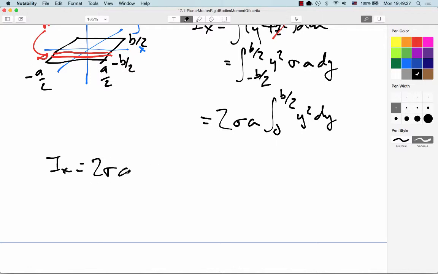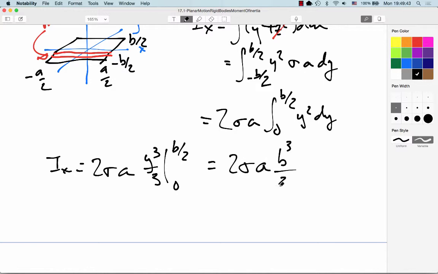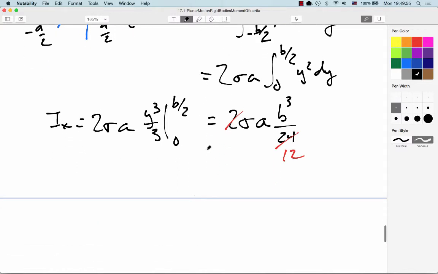I know how to evaluate that, so I get that I_x is equal to 2 sigma a times y cubed over 3, evaluated from 0 to b over 2, so this will be b cubed over 8. Divided by 3 will give me b cubed over 24. 2 sigma a b cubed over 24. I can cancel off a 2 there, leaves me with a 12. And same trick as before. I can write this now.